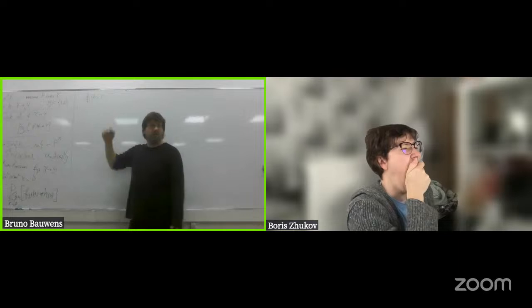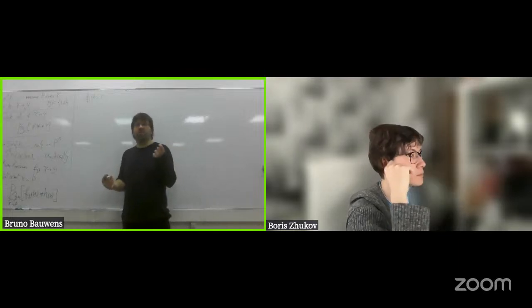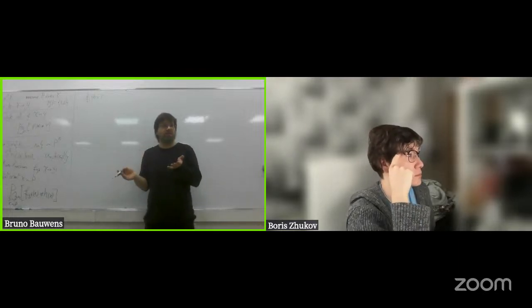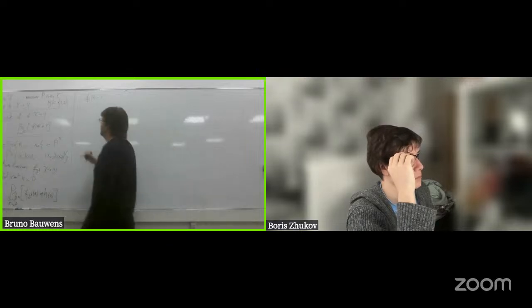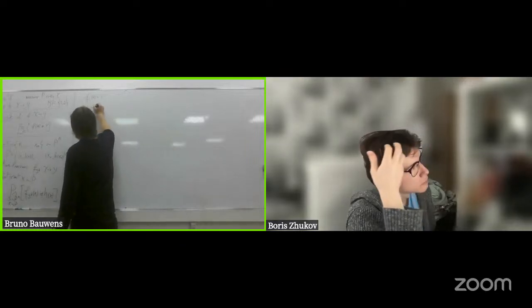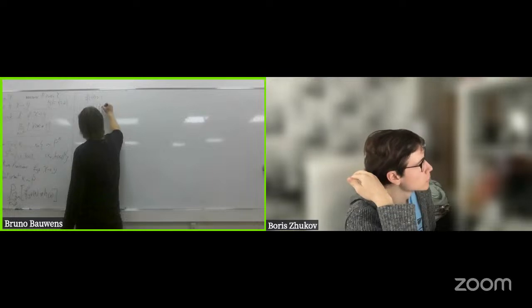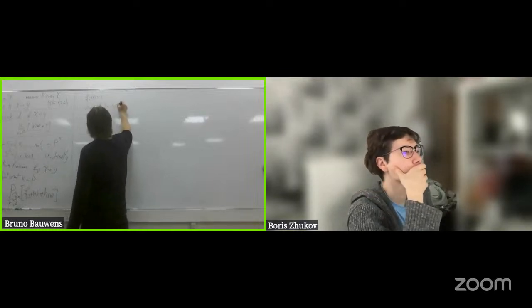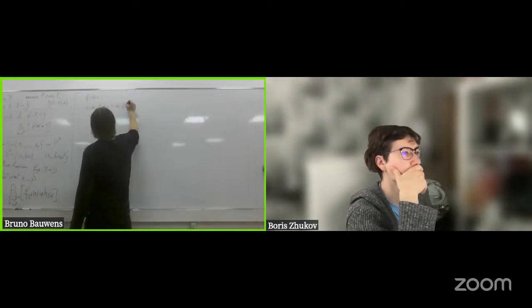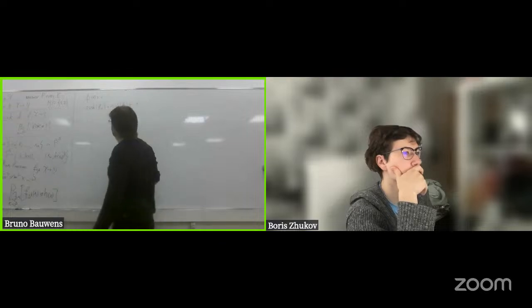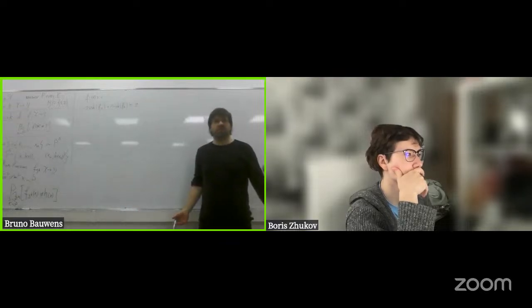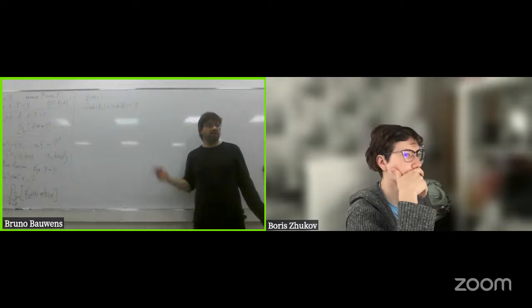So let us consider 2 functions, the 2 constant functions, f1 and f2. And then I claim that risk of f1 plus risk of f2 is equal to 1. So this is the first exercise. Is it clear why?